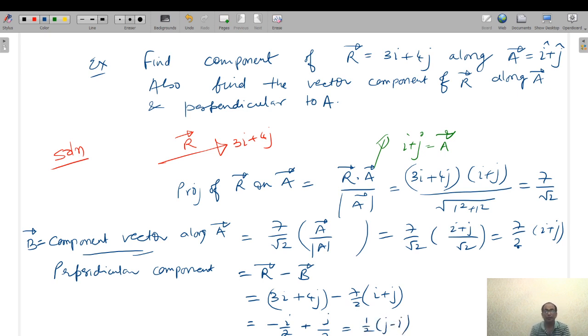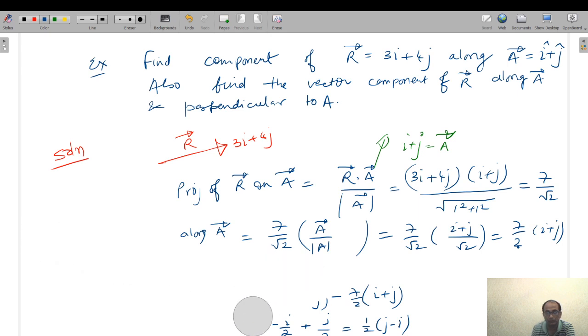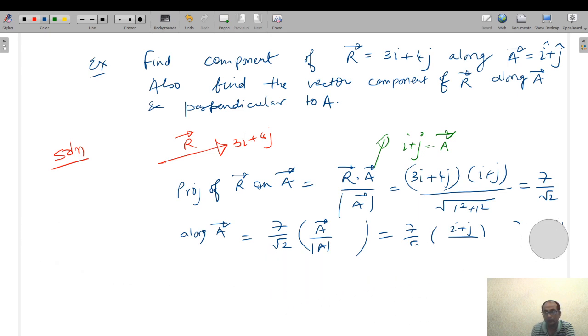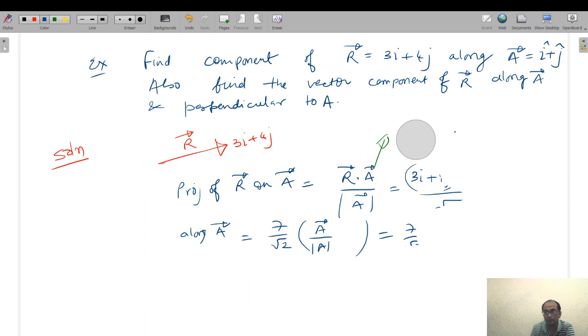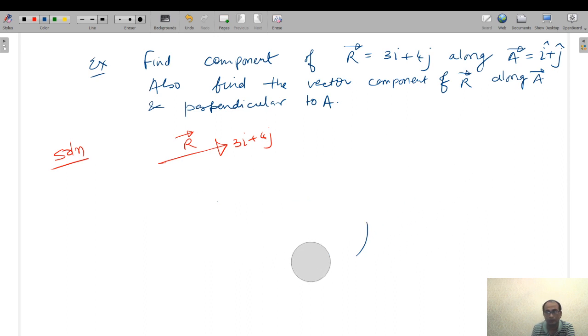Okay, and now doing it the other way, the formula that I told you. So let me erase it. We are given a vector i plus j.